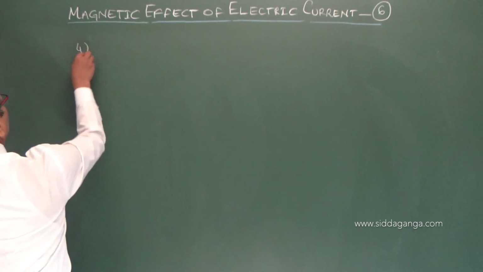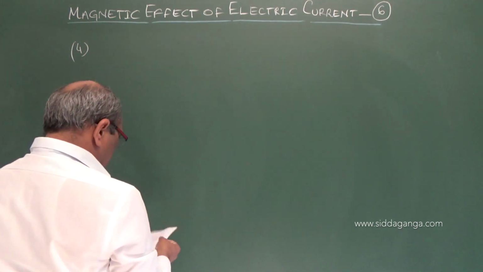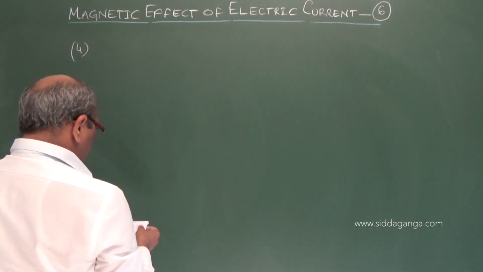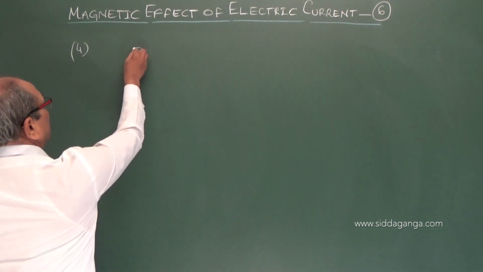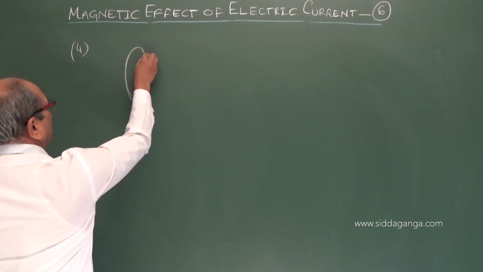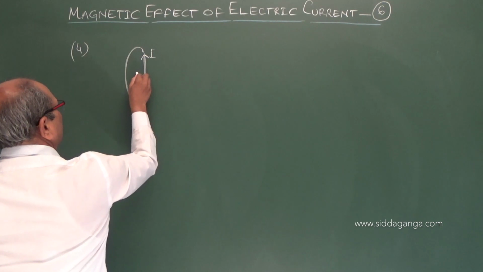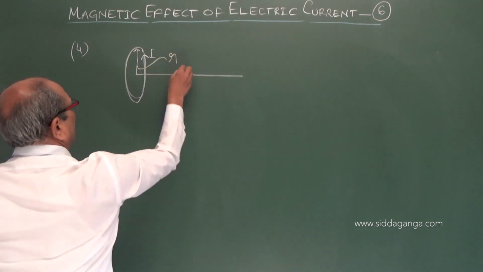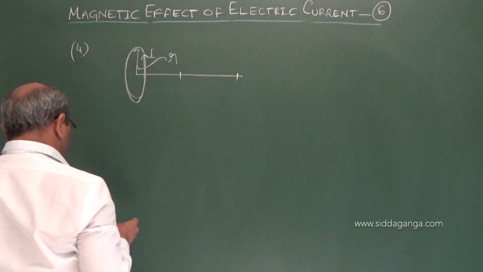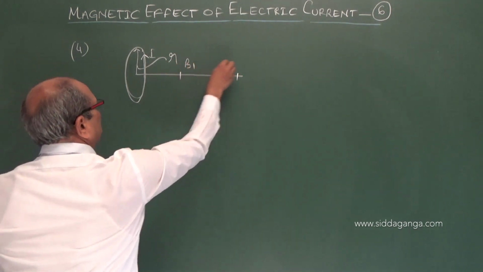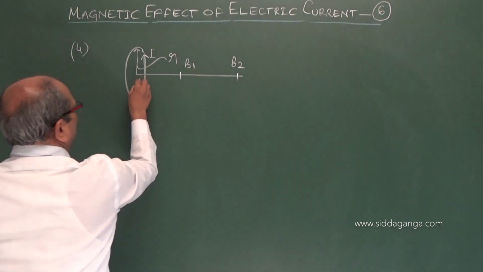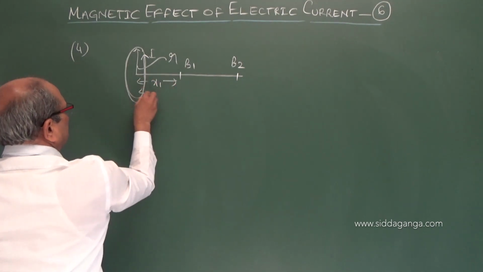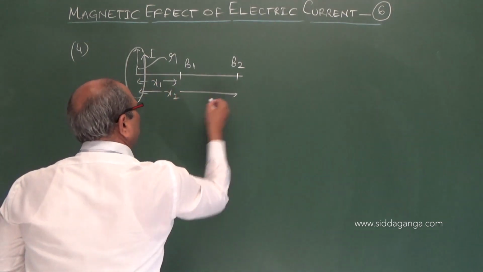Next one: a magnetic field at 2 points on the axis of a circular coil. Imagine a circular coil carrying current I, having some radius r. At 2 points, here the field may be B1 and at the other point B2, at distances x1 and x2.